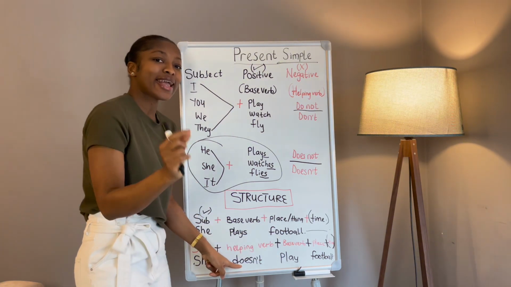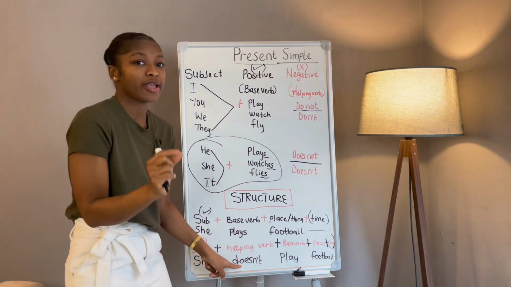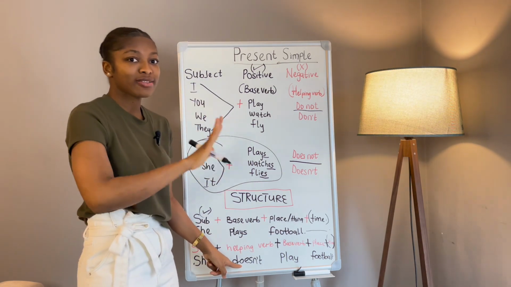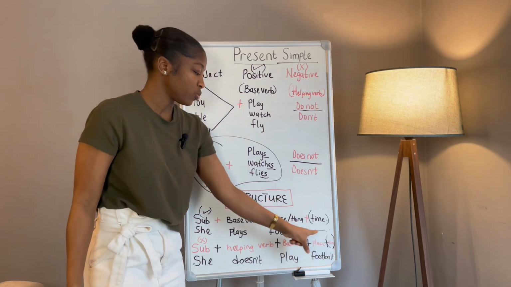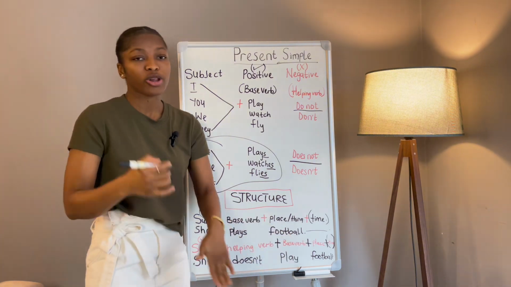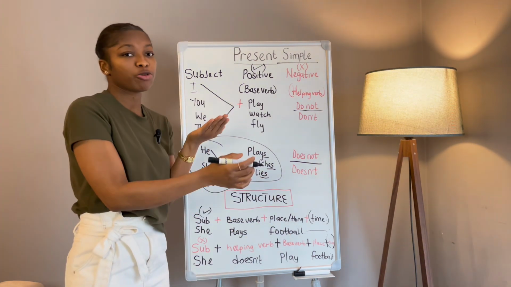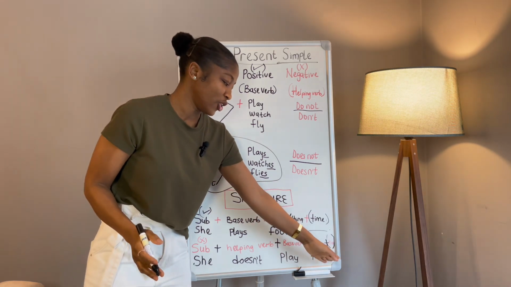Remember, when making a negative sentence, we do not add s, es, or ies to the base verb. The base verb remains the same. We're going to stop the sentence here. If you want, you may continue with the time, or you may say, she doesn't play football every day. She doesn't play football every week. But for the sake of this video, again, we're going to stop it right here.